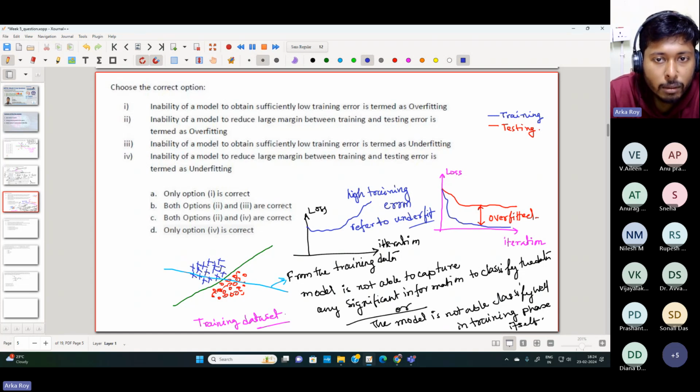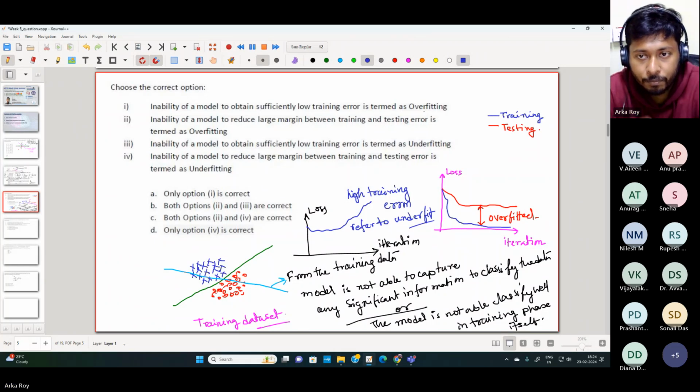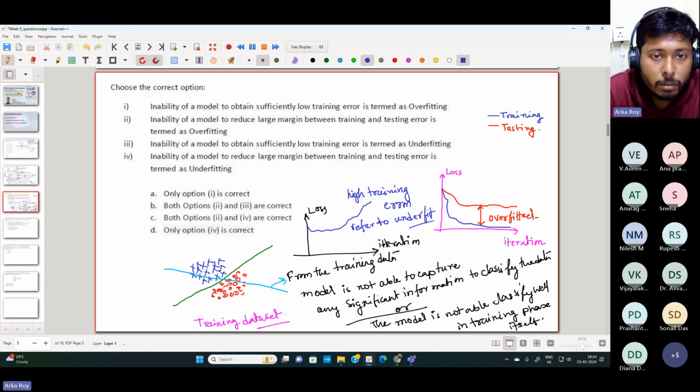So let us now scan through the options. The first option is: inability of a model to obtain sufficiently low training error is termed as overfitting. This is wrong because we have seen that inability of a model to obtain sufficiently low training error refers to this particular case, which is not at all overfitting.